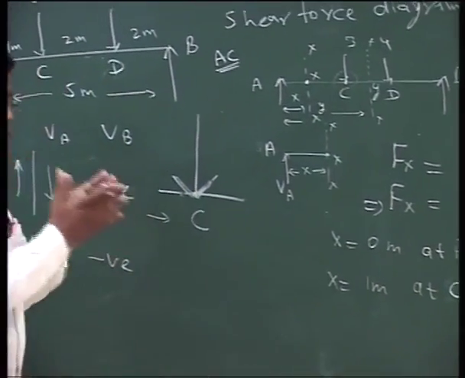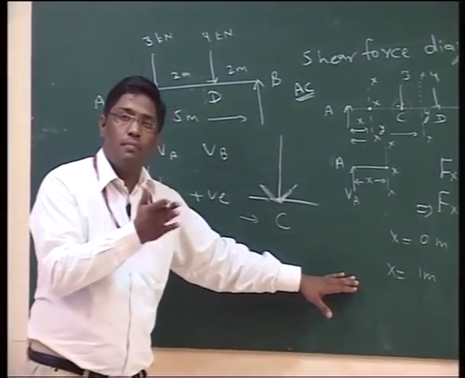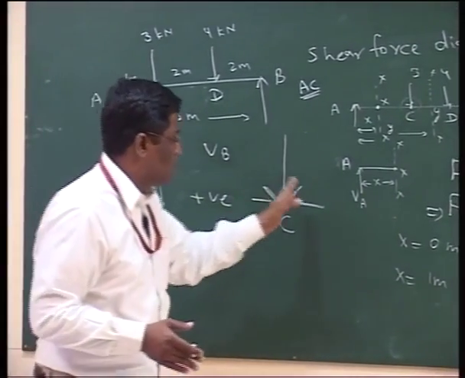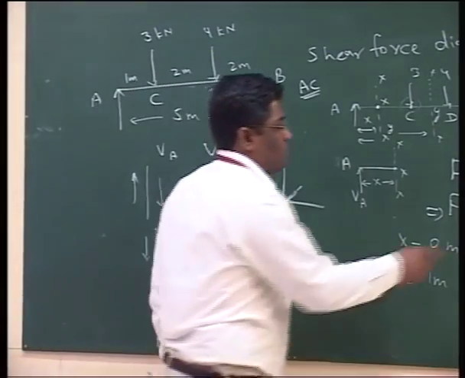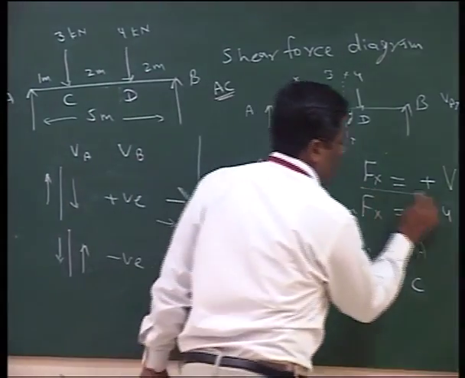That means we are considering this particular point just left of the C point, because if we consider this point on the right side of C, then this equation which we wrote for the portion AC will be wrong.